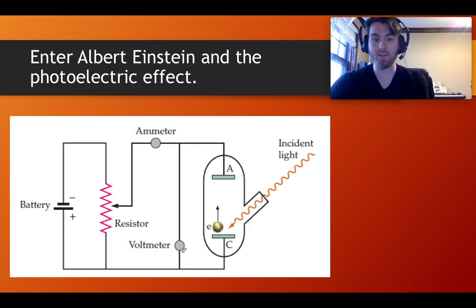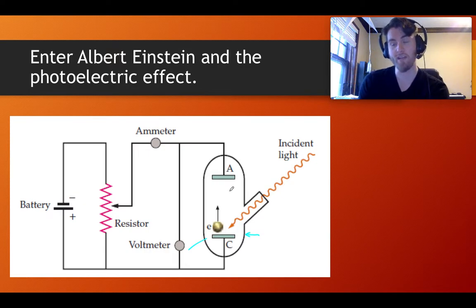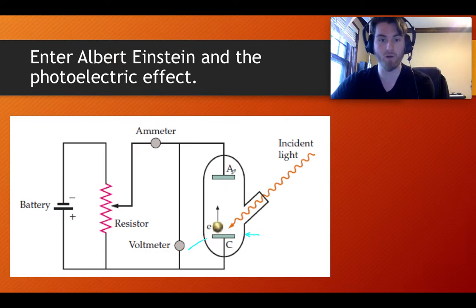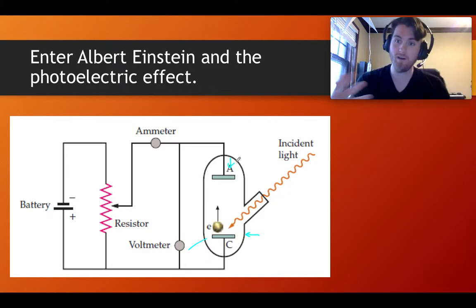Basically, he shined light onto a metal plate. He was trying to figure out if he shines light onto the metal plate, do any of those electrons jump over to the other side of this vacuum tube? Again, he's trying to use some of the things off the cathode ray tube.